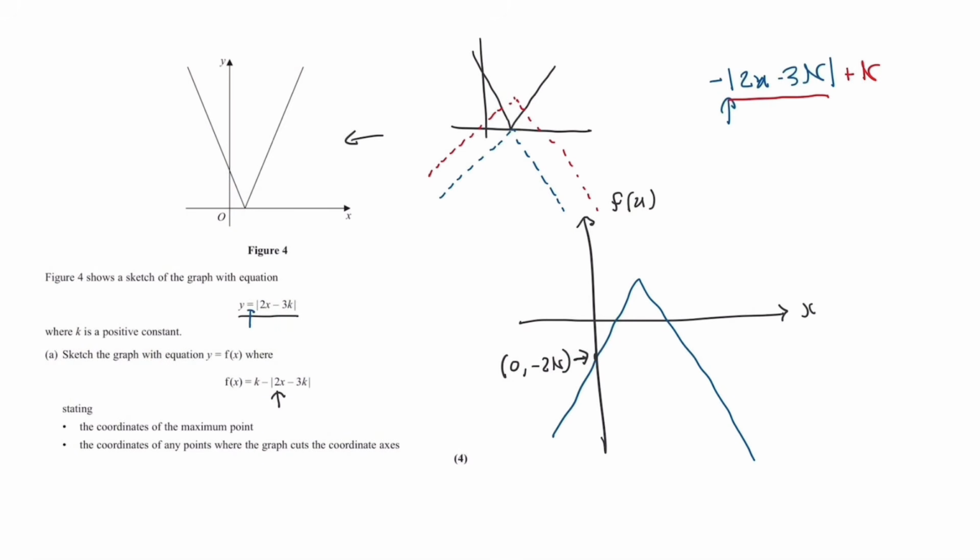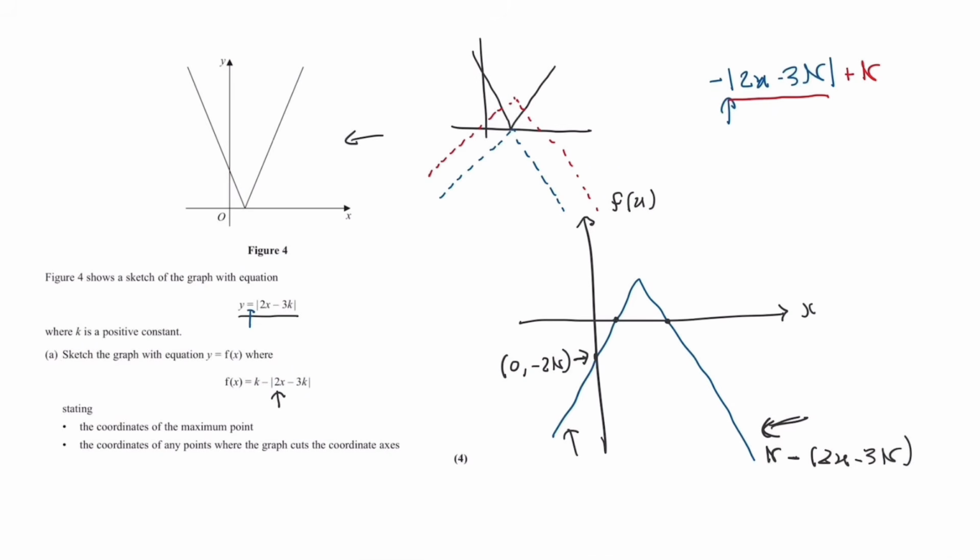Now we're going to try and find these 2 points where it cuts the x-axis. The way we're going to do that is by just setting each of these blue lines equal to 0. So this first line right here is going to have the equation k minus 2x minus 3k. The reason for that is because if you remember a modulus graph, it has 2 sections.